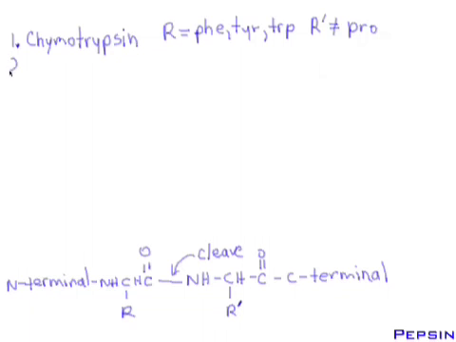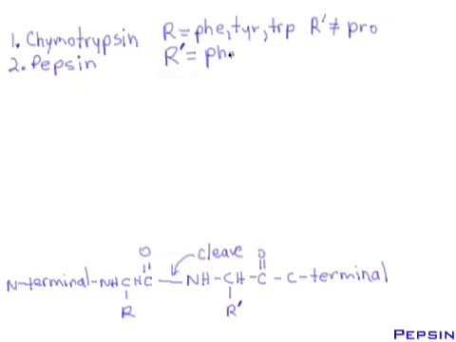Well, there's another enzyme called pepsin. Pepsin cleaves next door to the same amino acids, but it cleaves to the left of them.